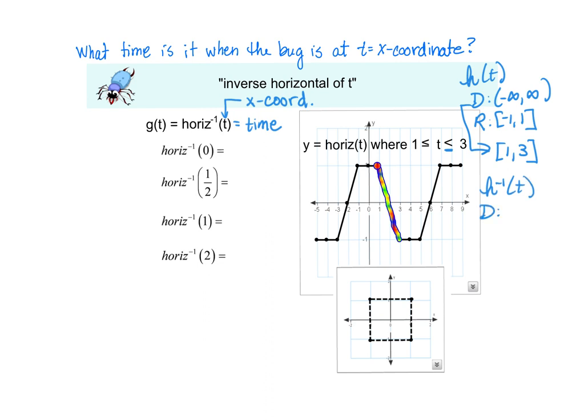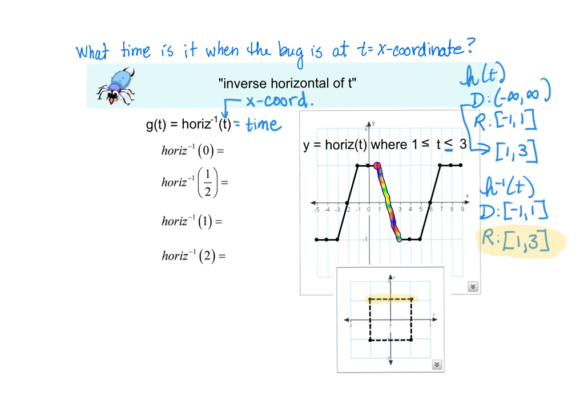The domain of my inverse function has to be the range of my function. The range of my inverse function is the restricted domain of my function. So now as I look at these values, my output has to be in the range. So I'm looking for values of time only between 1 and 3, and that's going to be this upper path right there of my square.